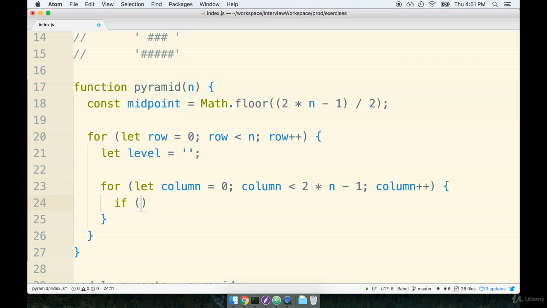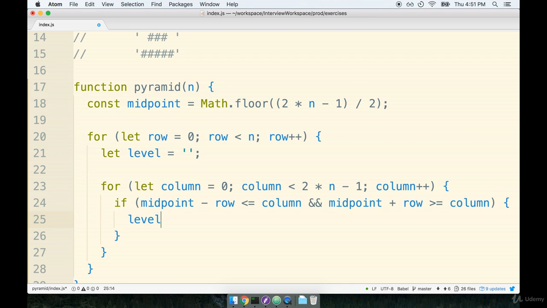So in code, that would look a little something like this. We'll say, if midpoint minus row, my mistake, if midpoint minus row is less than or equal to column, and if midpoint plus row is greater than or equal to column, then we want to add a pound.